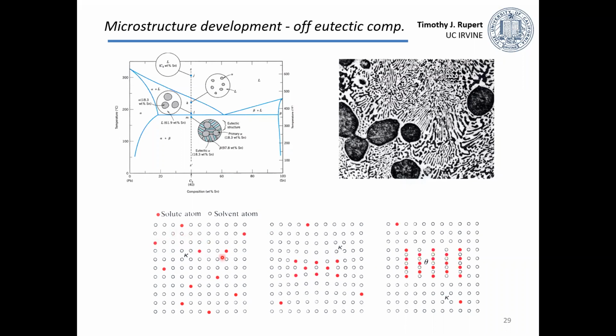But if we add too much, they'll start to form second phases. So eventually we've added enough of these red atoms that it forms the second phase that I've labeled theta. This would be a new particle. You can see that the planes of the atoms don't always match up with the planes of the white atoms in either of the directions. So this would be something that has a different crystal structure.